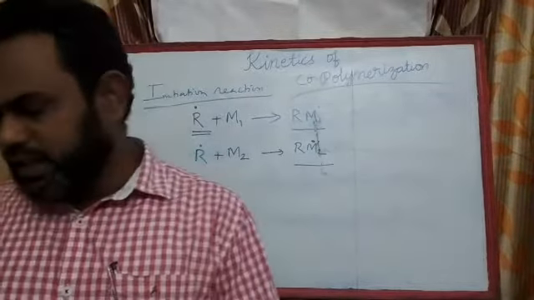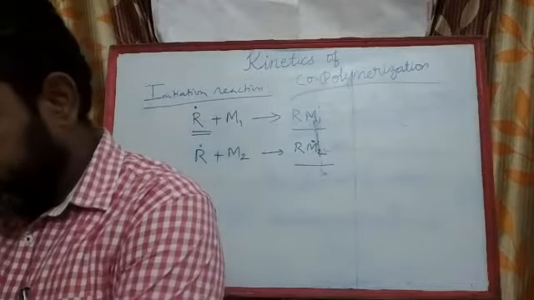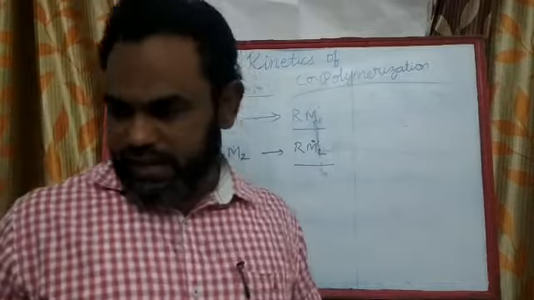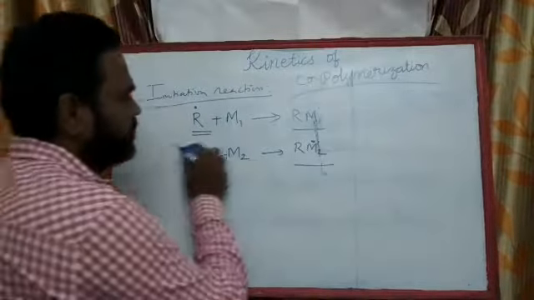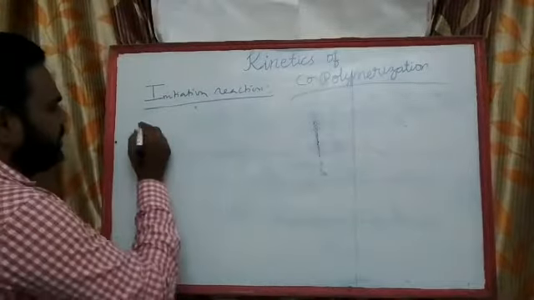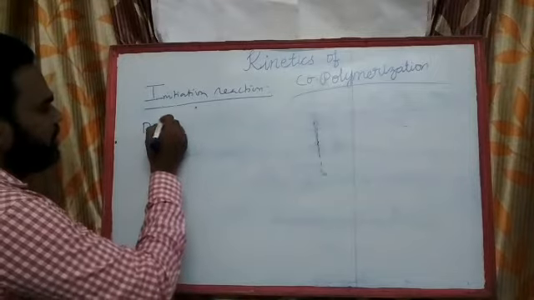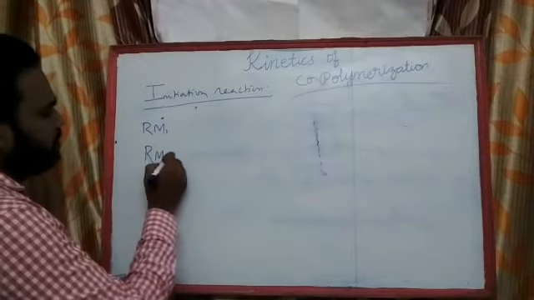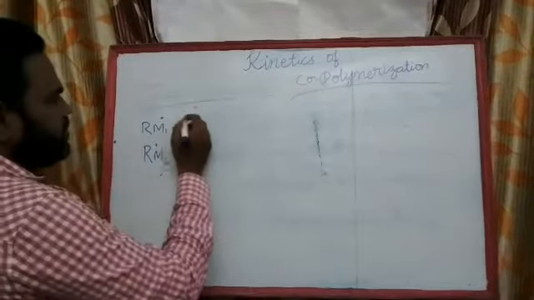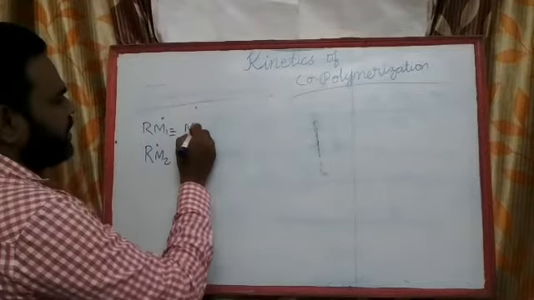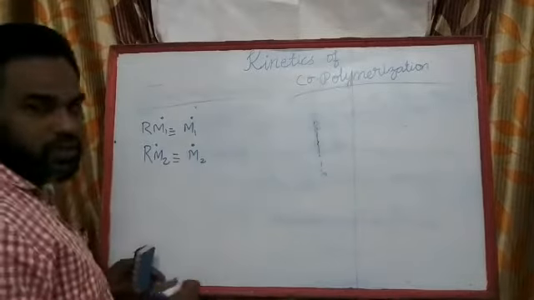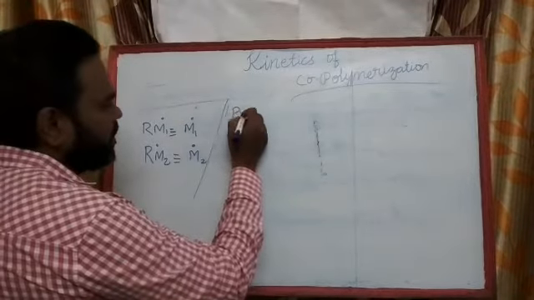Now let us see how the propagation reaction takes place. I take RM1 dot and RM2 dot, which I got from the initiation reaction. I can write these as M1 dot and M2 dot. Now let us take the propagation.